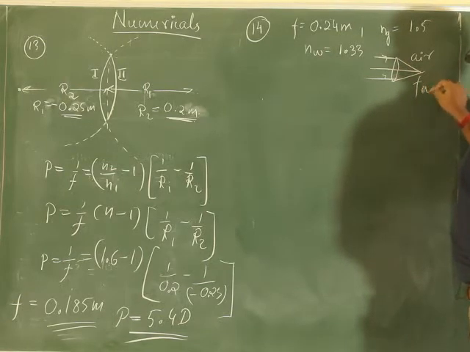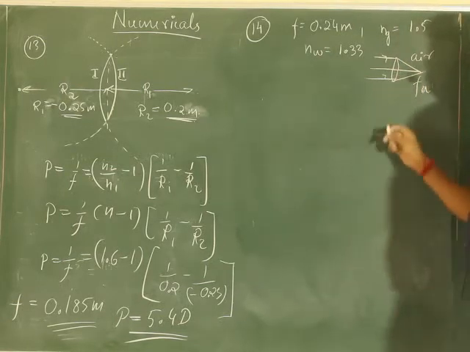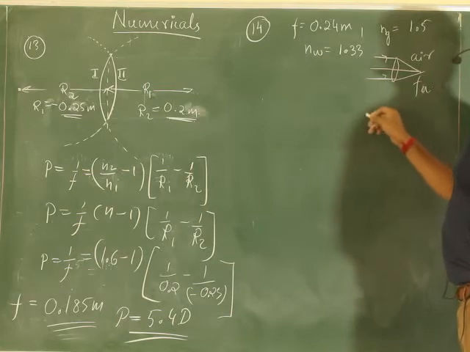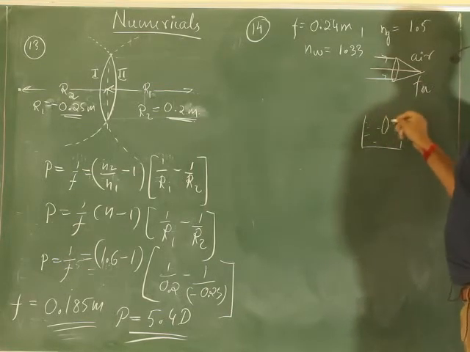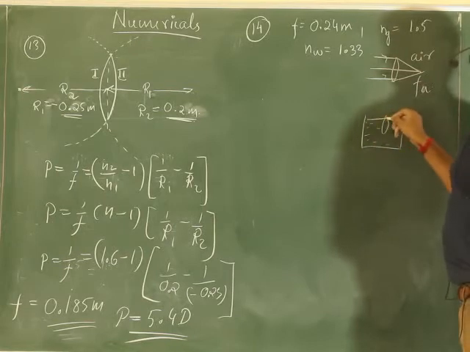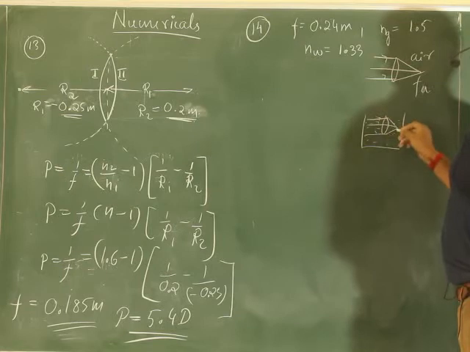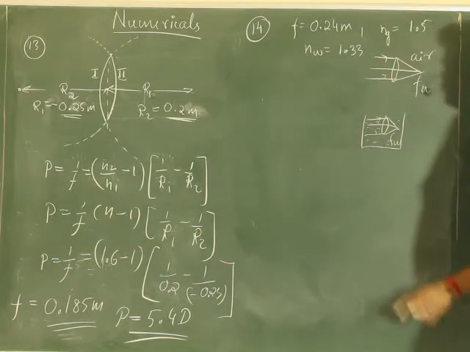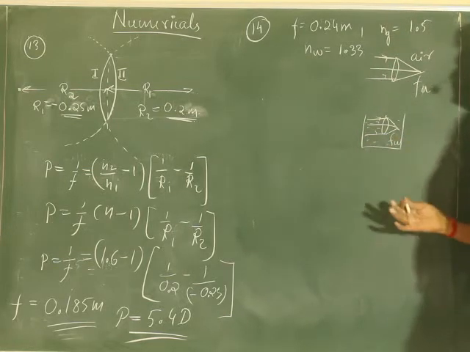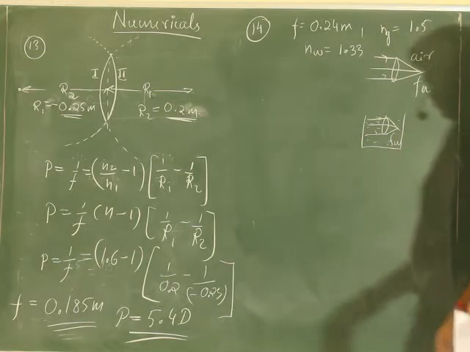Don't want confusion: FA, focal length in air. Now the same lens is immersed in water, so there will be a change of focal length. I will take this one as FW, inside water. So the focal length has changed; FW I will take just for notation purposes.